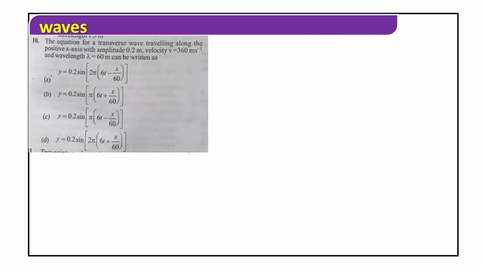Okay, then the next question is the equation for a transverse wave along the positive x-axis with amplitude 0.2 meter, velocity v equal to 360 meter per second, and wavelength lambda equal to 60 meter. You know the formula: wave velocity, wave frequency and wavelength.